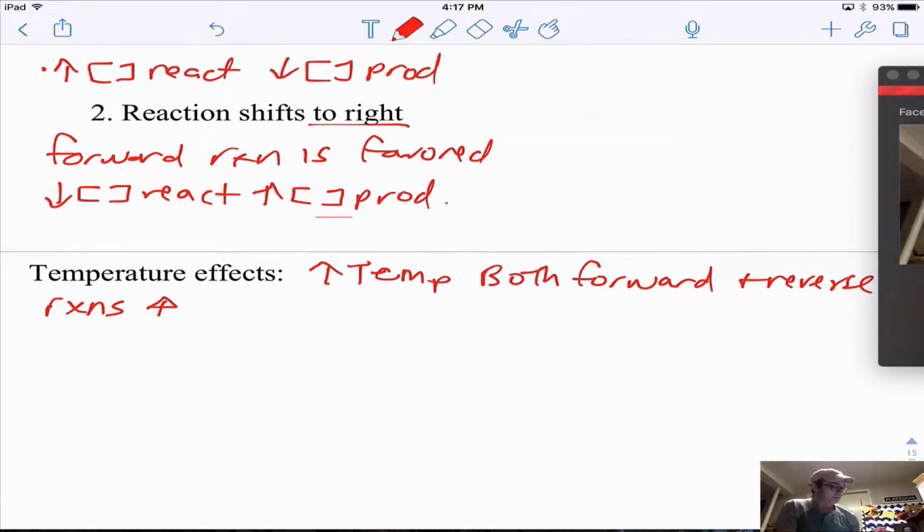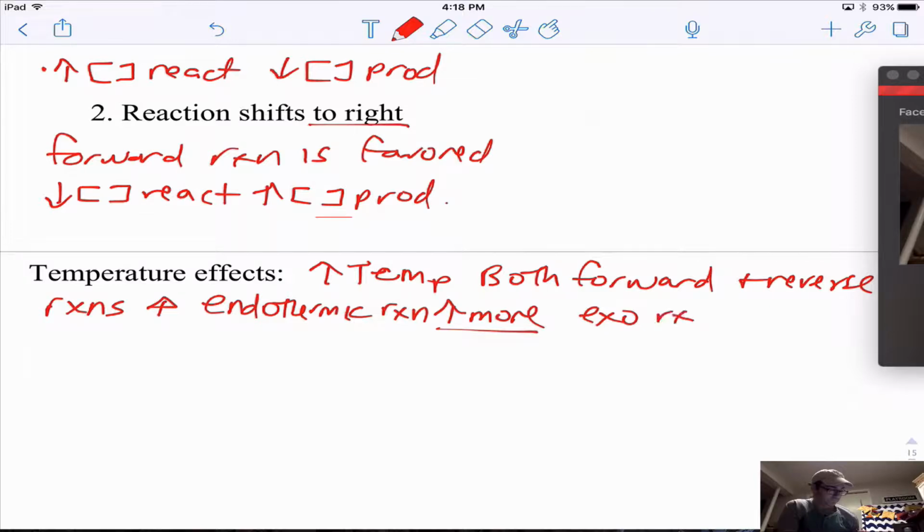But what's happening here is that the endothermic reaction will increase more. And so you will favor the endothermic reaction. The exothermic reaction, it will increase less. And so the endothermic ends up being favored.